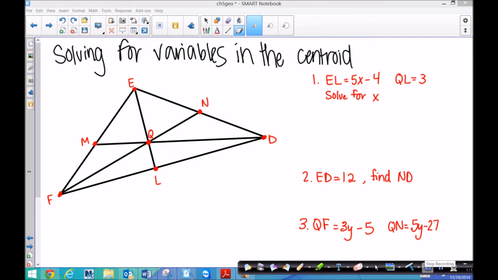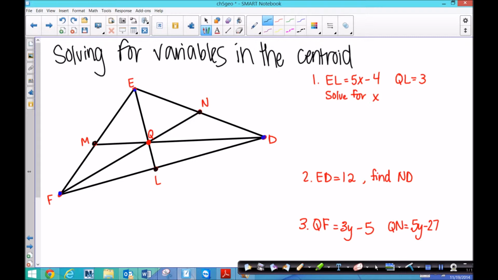Okay, so the next part that we're going to talk about here is solving for variables in the centroid. If we know that Q here is the centroid, there's a few things that we know. The first thing is that since the centroid connects midpoints to vertices, our vertices of this triangle are F, E, and D, that means that N, L, and M must be the midpoints.